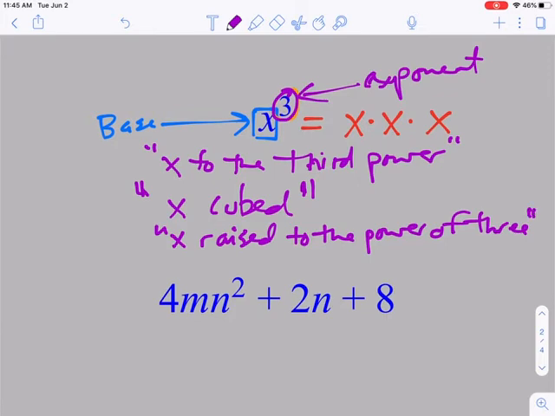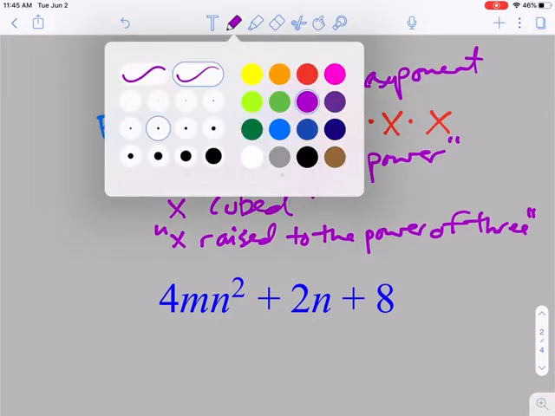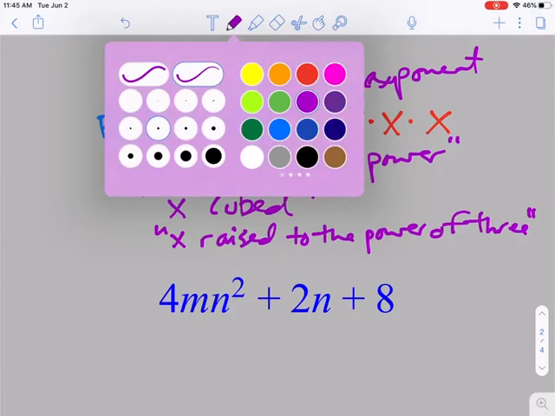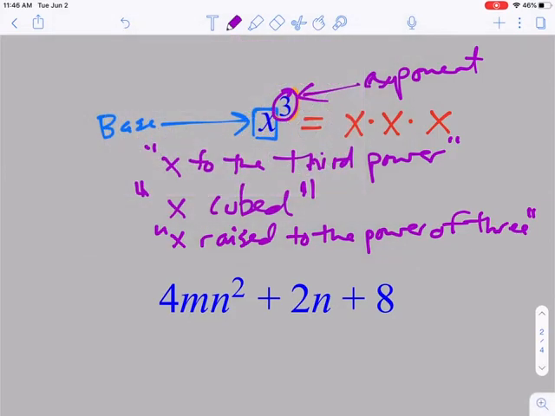And then this last thing down here, let's just break this down real quick. If you have 4mn squared, that's a shorthand way of saying I have 4 and I'm multiplying it by m, and I'm also multiplying it by n, and by another n.